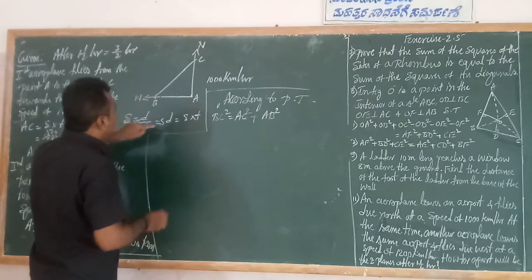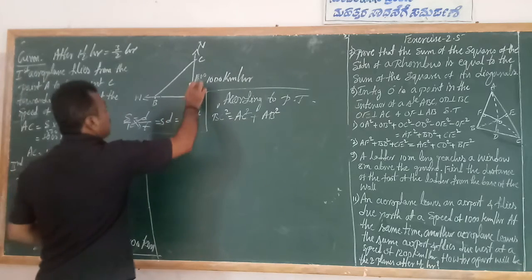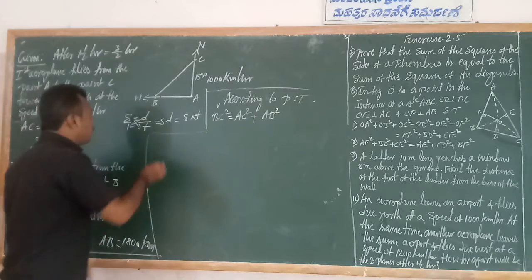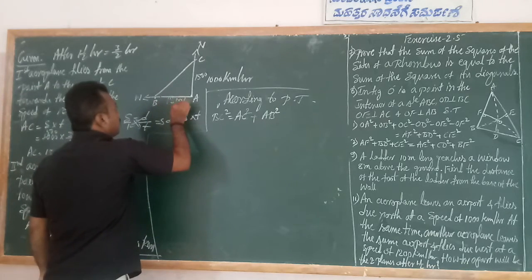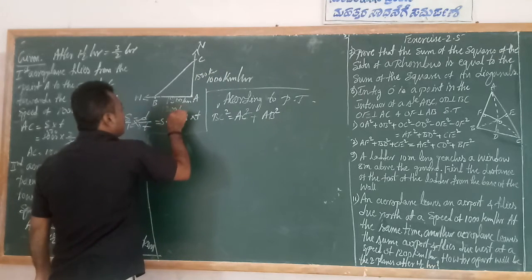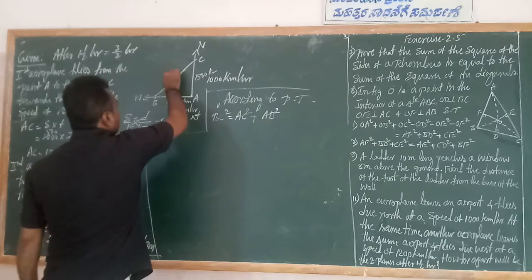So AC is 1500 kilometers and AB is 1800 kilometers. This is in kilometers, and this is also in kilometers. This is 1200 kilometers per hour, the second aeroplane's speed. Now we want to calculate this one, x.